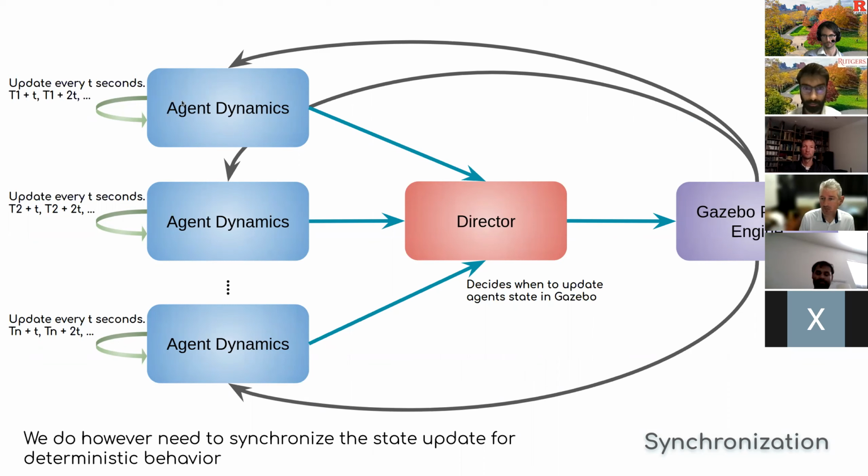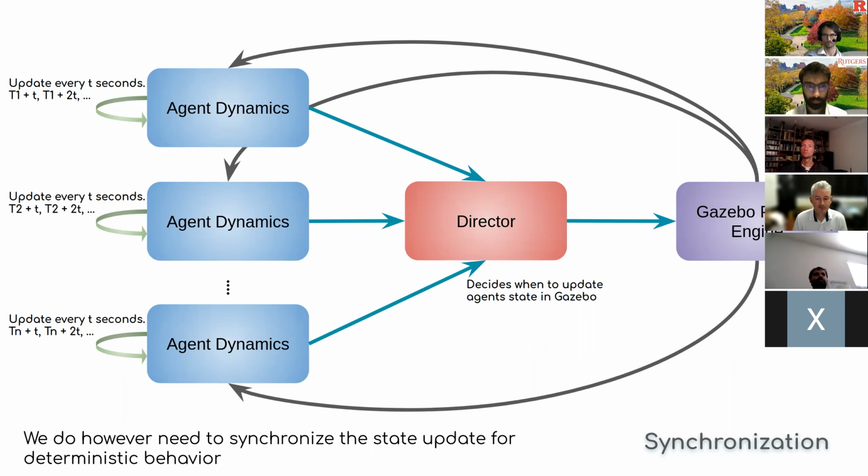And why is the director node required to synchronize? Each agent updates at say T1 time, T2 time, but even if the update rate is the same, not all of them get executed exactly at the same time. And so you will see that, for example, in the simulation, the leader vehicle's position has changed at a time that is not synchronized with the position change of the ego vehicle.